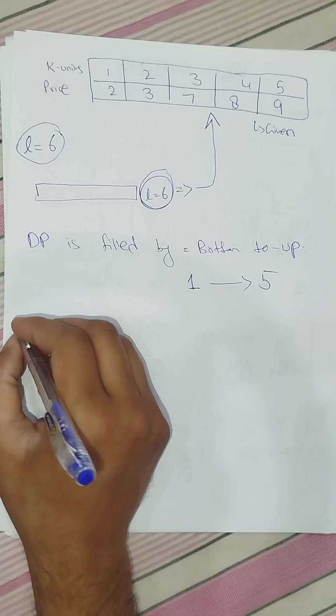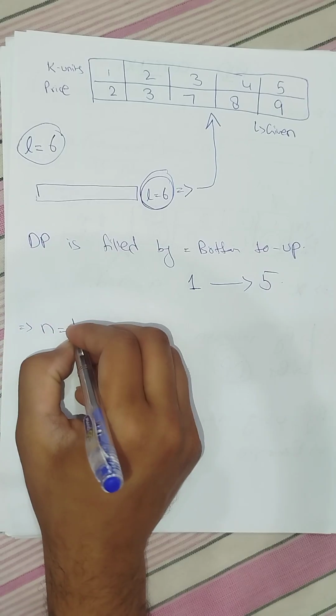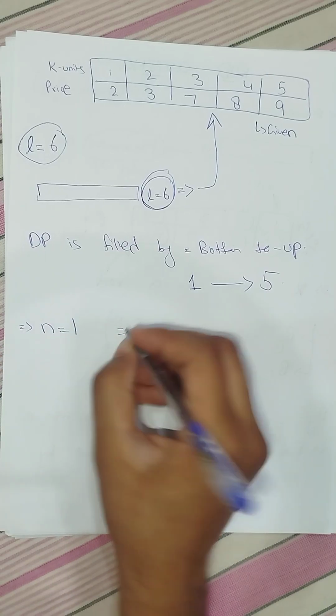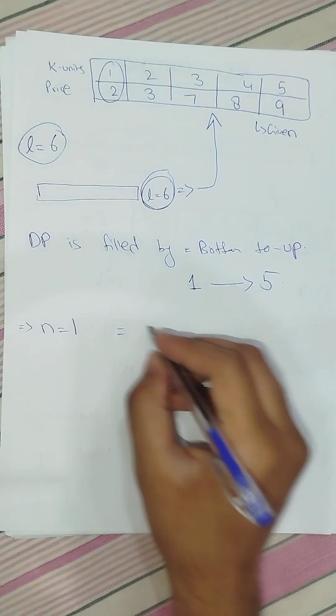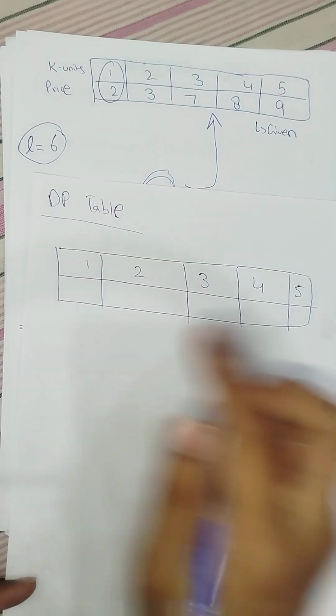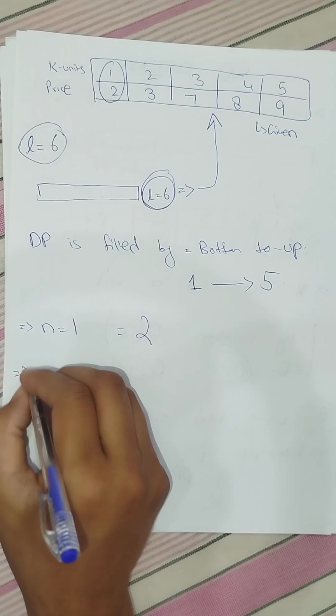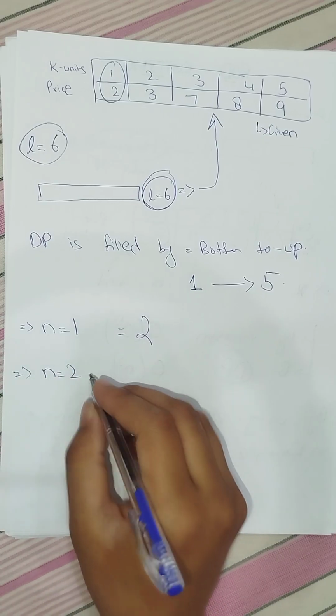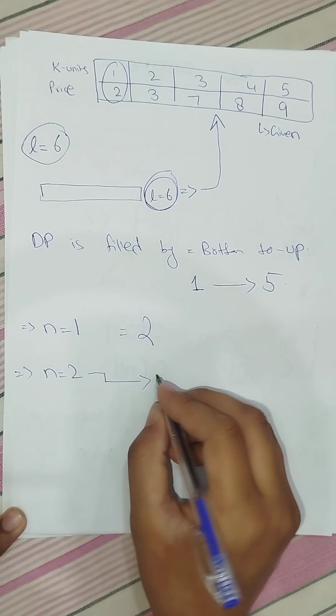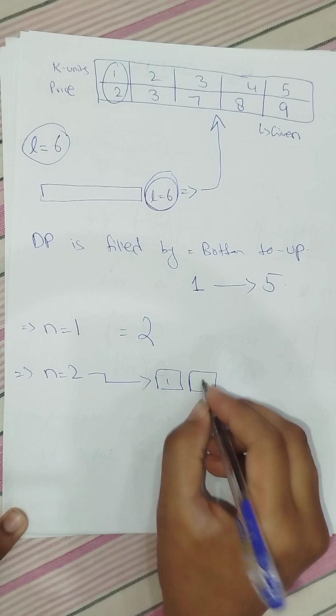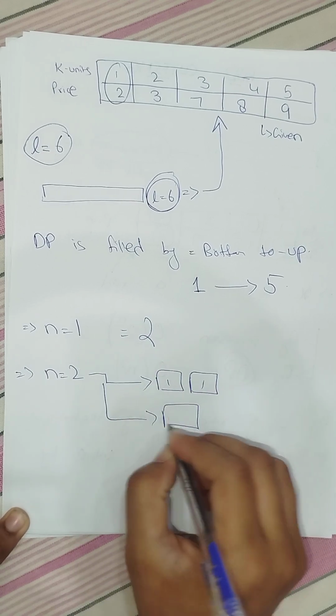So first take n is equal to 1. We have length 1. Referring to this table, we get a maximum profit of 2. We will fill it in the DP table, right? 2. So n is equal to 2. In this case we have two scenarios. We can sell it as 1 1 or we can sell it as 2.